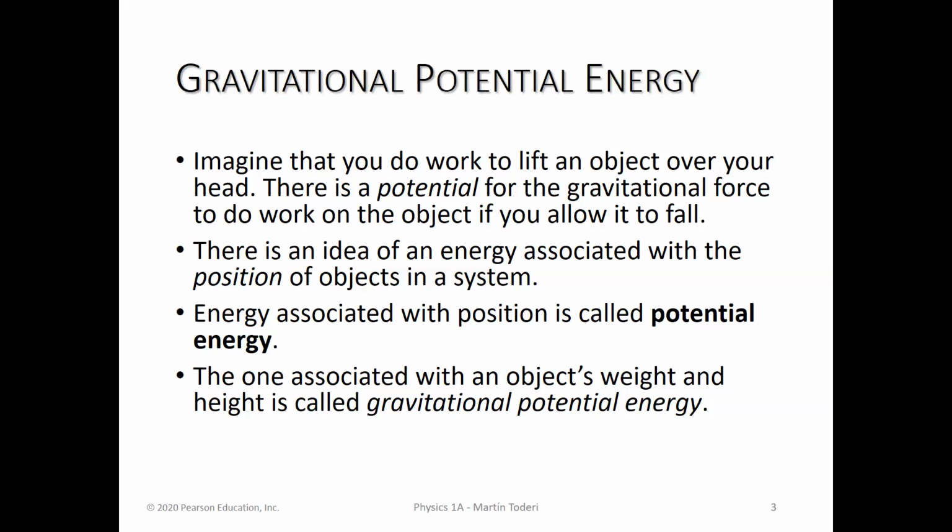The specific one, which is associated with an object's weight and height, is called gravitational potential energy, and it's derived from the gravitational field. So if we're talking about gravitational potential, this has to be related to gravity, of course, and the force that is due to gravity is the weight.